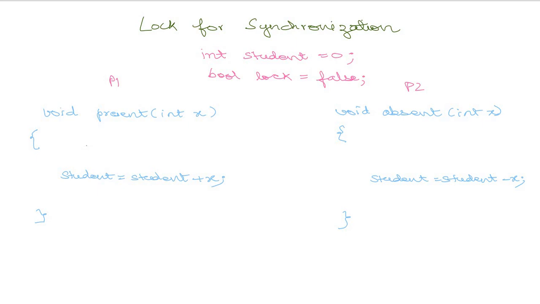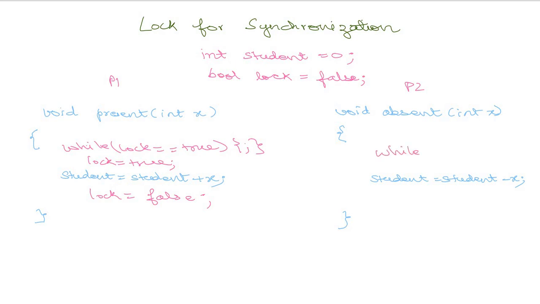So we declare a global variable known as bool lock, and we declare it initially as false. And now how will we prevent the race condition? So we will write this code here. While lock is equal to true, we run an infinite loop, and then while entering we declare this as true, and while exiting the critical section we declare it as false.